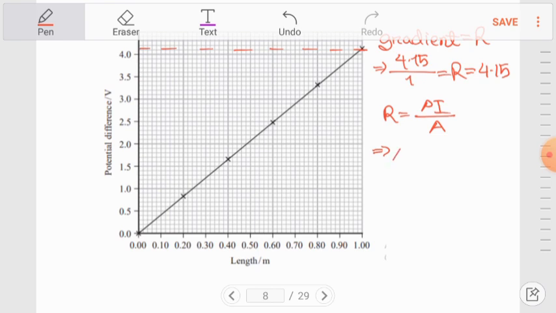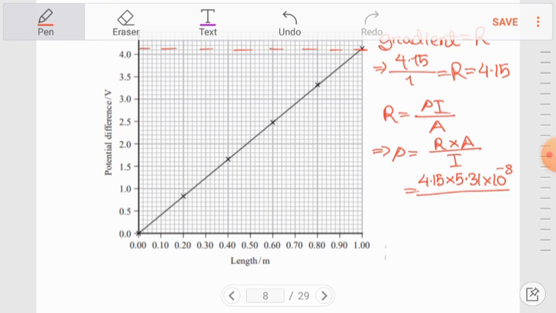Now you have to find the resistivity, so make resistivity the subject, and the equation will be resistance into area over current. And area was already given in the question, that was 5.31 into 10 to the power negative 8. So it is 4.15 into 5.31 into 10 to the power negative 8 over current. The value for current was 0.2 ampere.